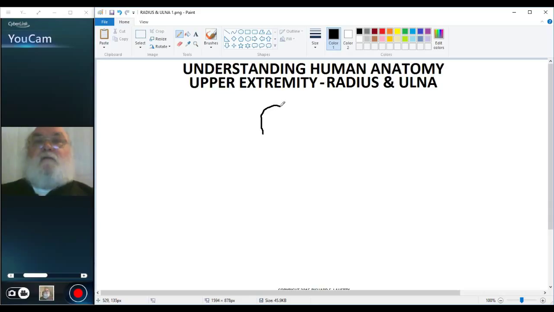And I'll start by going up and around and then down. The ulna has a little needle-like process called the styloid process, and then the head of the ulna is distal. That's how I'm drawing in right there.